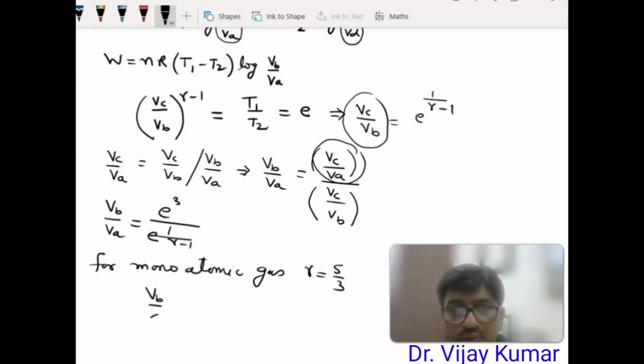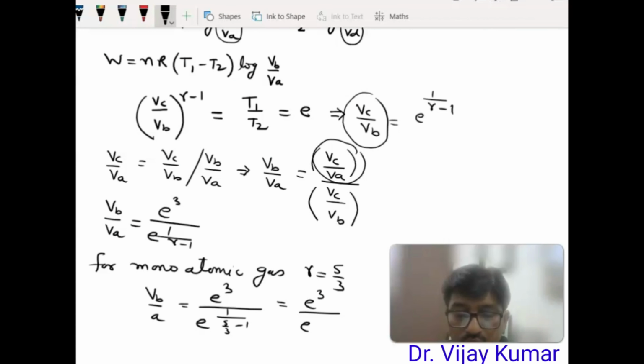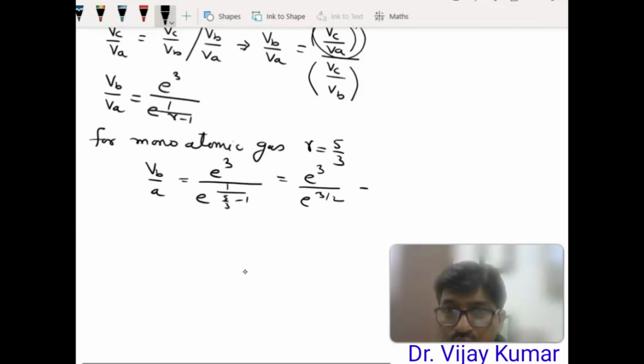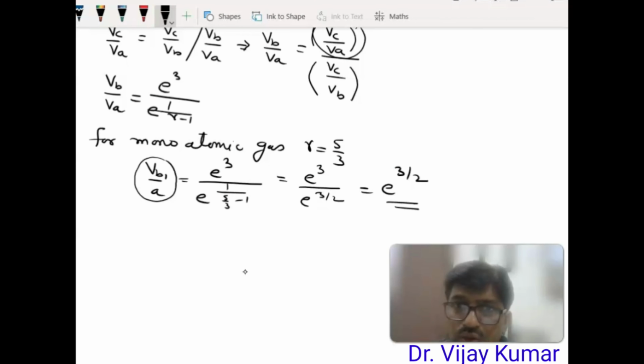So VB upon VA is equal to e cube upon e to the power 1 upon (5/3 minus 1), or e cube upon e to the power 2 upon 3, which is 3 upon 2, so it becomes e to the power 3 by 2. This is for monoatomic, we can write it VB1 upon VA is equal to e to the power 3 by 2.